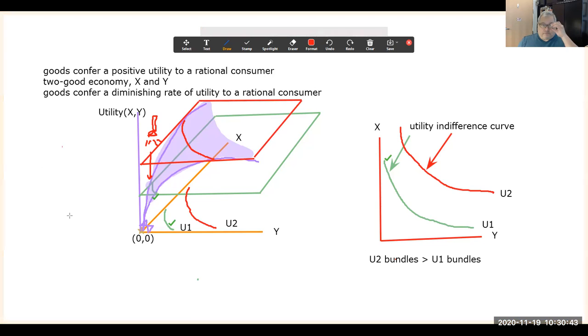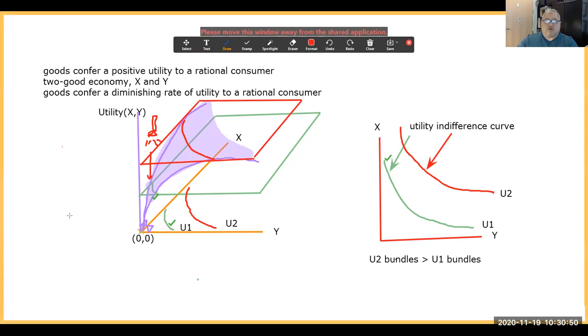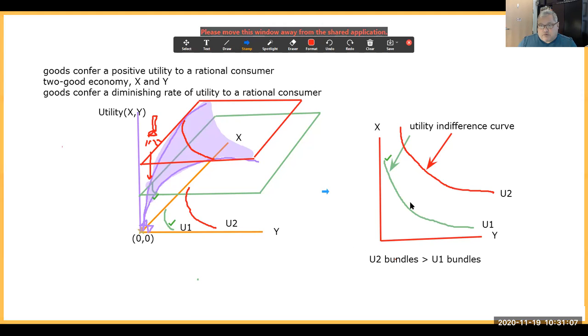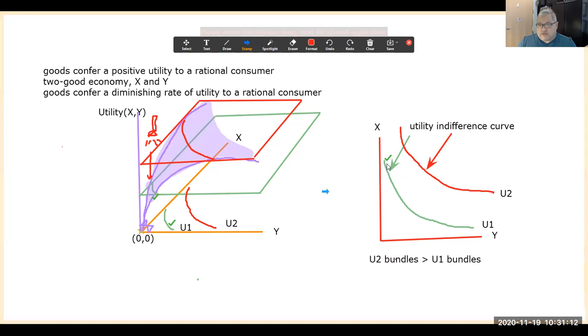There you go. So more utility requires more of both goods, or so much more of one good than the other that you end up at this higher point of utility. And so now I can move from this three-dimensional drawing to a two-dimensional drawing version of it, as long as I know that these equal height lines, or utility indifference curves, or ISO utility levels, can't cross.